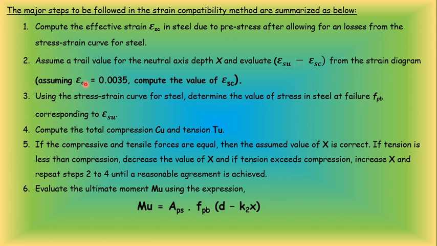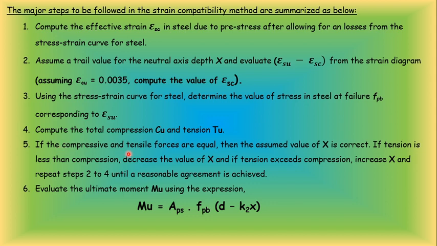Assuming epsilon CU equals 0.0035, compute the value of epsilon SC. Using the stress strain curve for steel, determine the value of stress in steel at failure FPB corresponding to epsilon SU. Compute the total compression Cu and tension Tu.